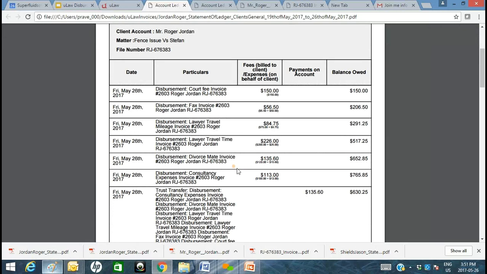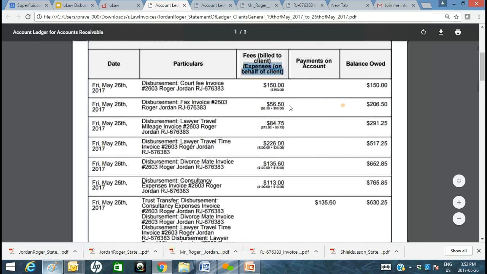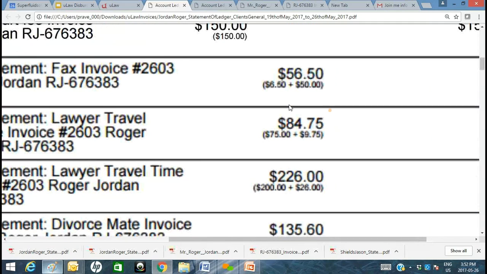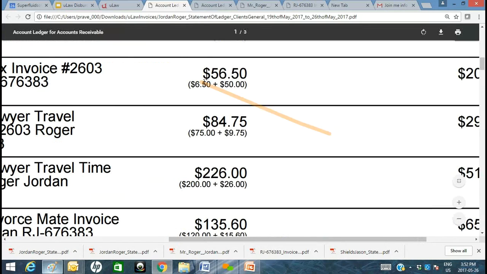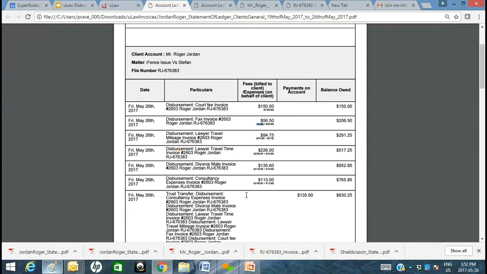These were the fees or expenses on behalf of the client, which is a layman's definition of disbursement: a court fee for $150, the fax for $56.50. And if you notice, it is broken down by the amount and the tax, which is very important to capture, because if you run a business that pays HST, that's the HST that you've just collected.